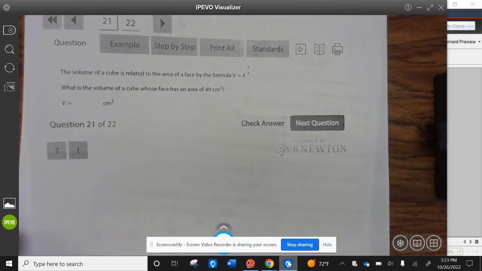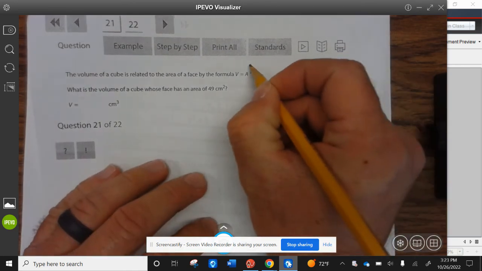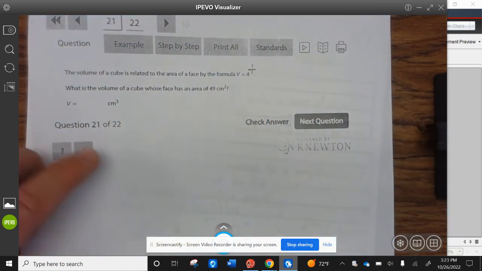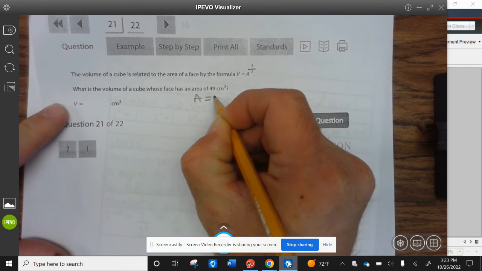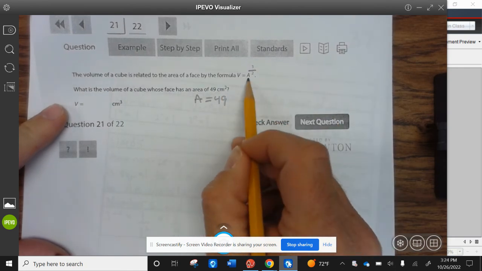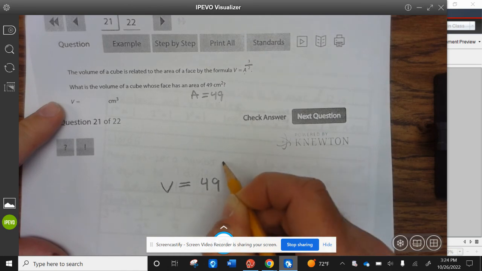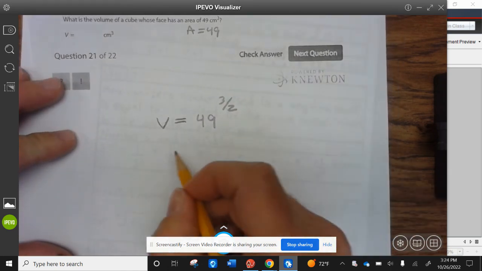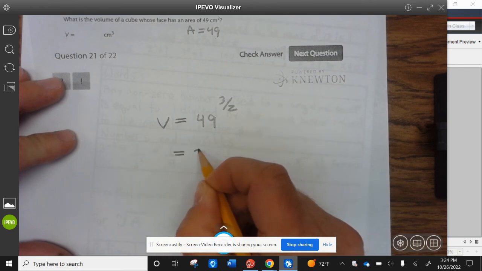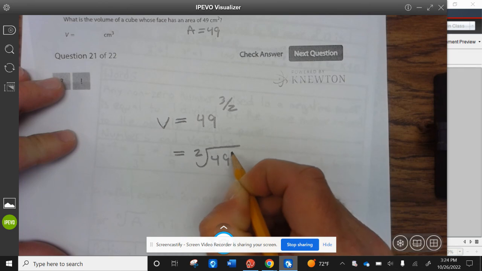All right. The volume of a cube is related to the area of a face by the formula V equals A to the 3/2. What is the volume of the cube whose face is area A equals 49? So all we have to do is plug 49 in here. So V equals 49 to the 3/2. Well, that equals the square root of 49 cubed.